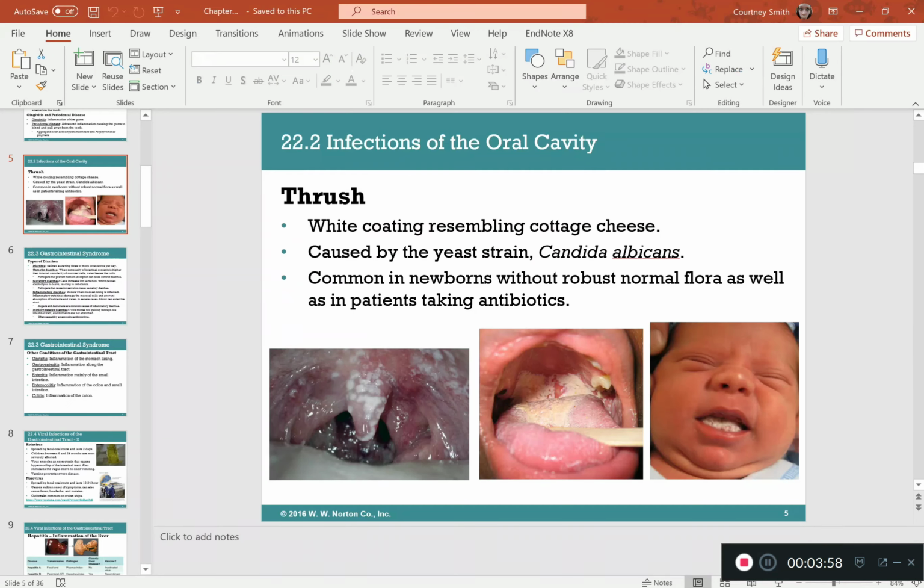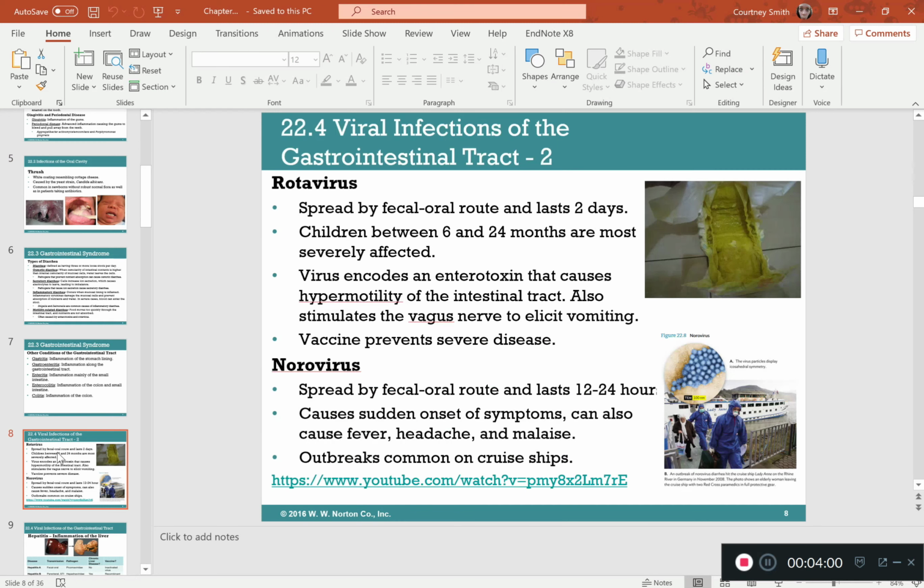Rotavirus. The difference between rota and norovirus, the big thing is the types of diarrhea and how quickly they onset. With the rotavirus, there's a toxin being produced, and there's hypermotility within the intestinal tract.